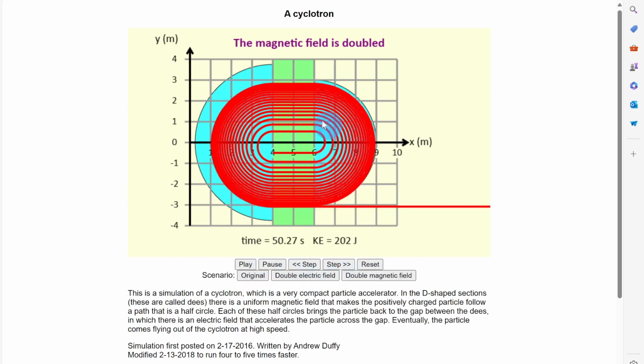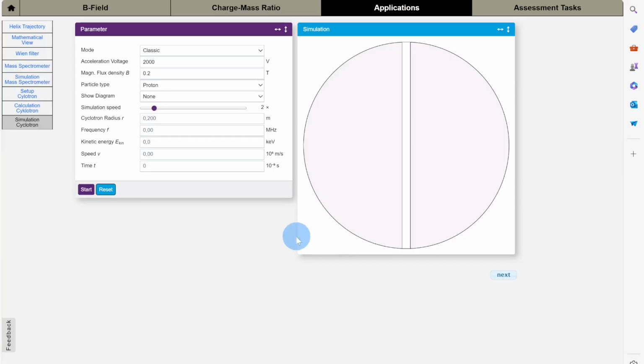So you'll see we've got a lot more spirals here compared to both the cases that we just looked at, and although the particles took a lot longer in this situation, they left with a much greater kinetic energy of 202 joules.